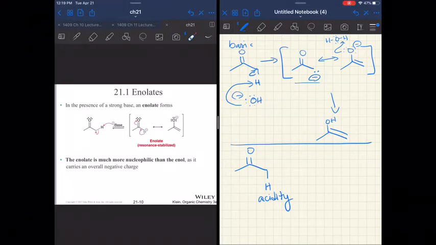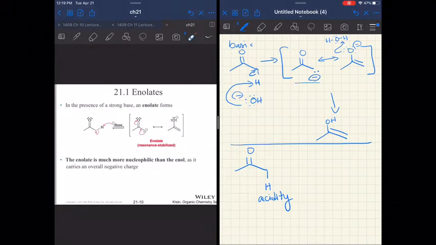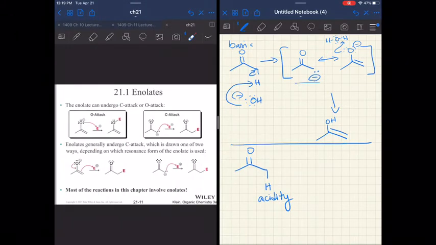It's just that this particular CH is much more acidic than you'd expect it to be, and it's because, as always, the conjugate base has something stabilizing it. Anytime the conjugate base is stabilized, that's going to make the acid stronger, right? And it's stabilized through resonance here.